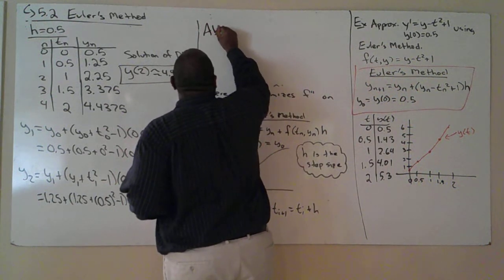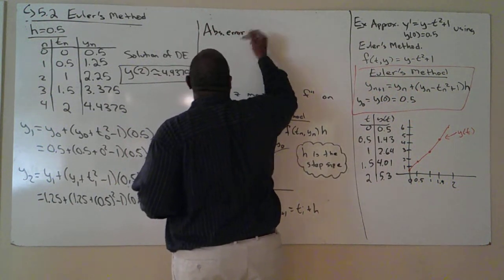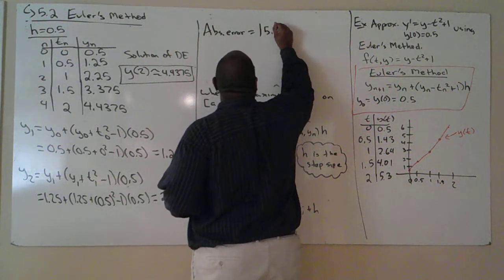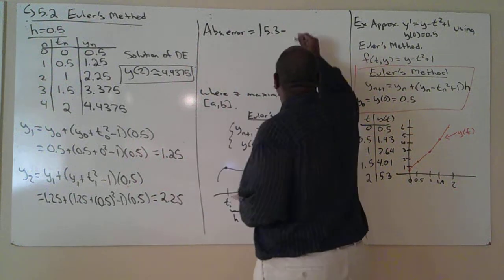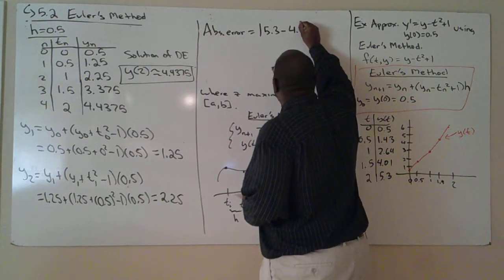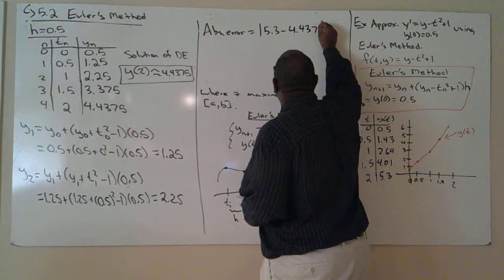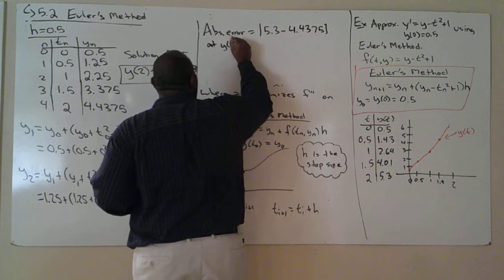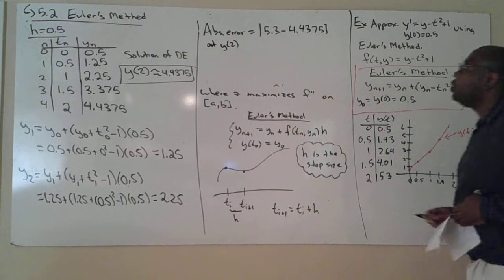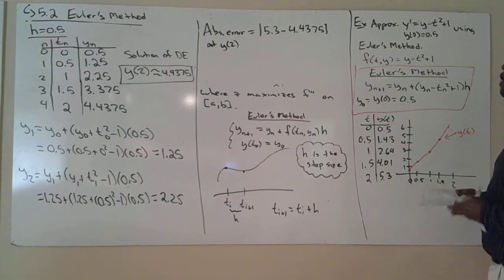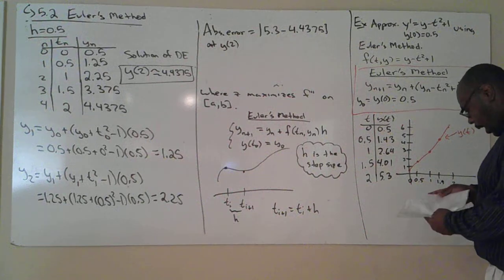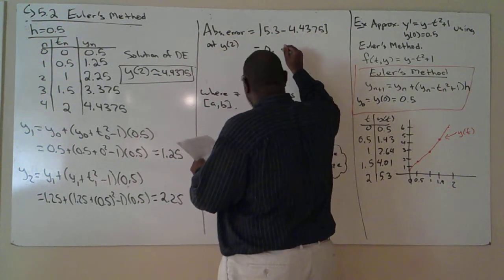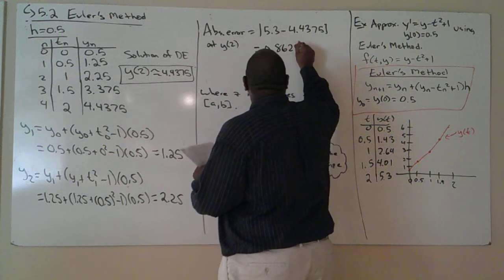My absolute error is going to be equal to 5.3 minus 4.4375, and this is my absolute error at y2, between my actual solution and my approximation, and that is about 0.8625.